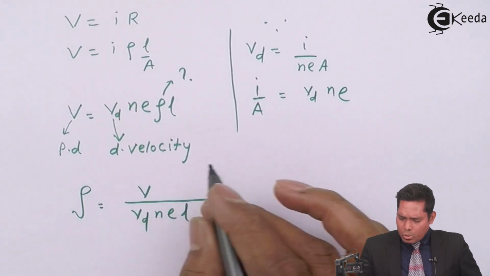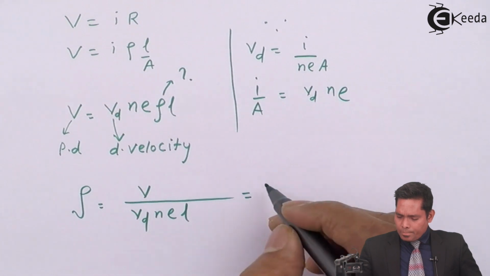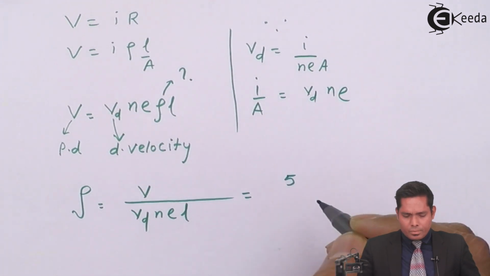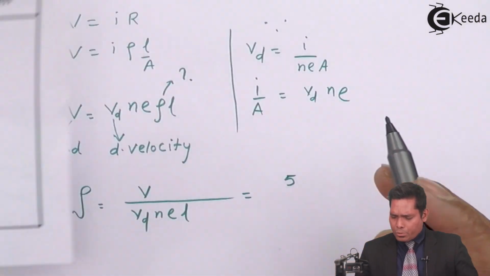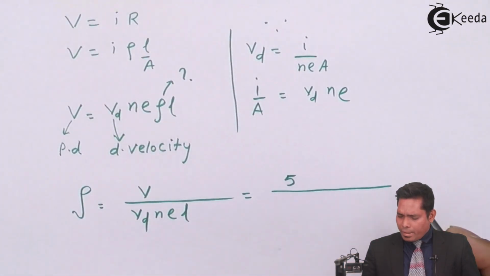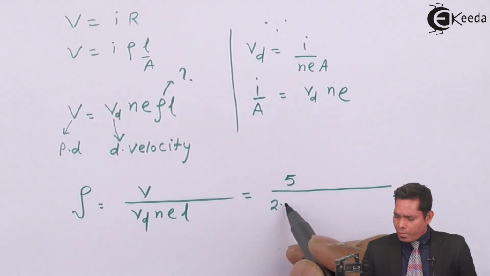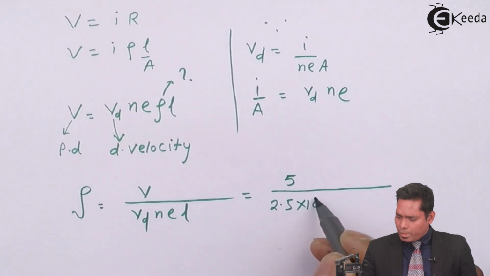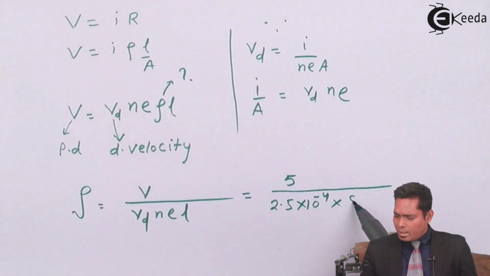If I substitute those values, V comes out to be 5 volt, that is given in the question. So 5 divided by, and Vd drift velocity is given in the question as 2.5 × 10⁻⁴, into 8 × 10²⁸.